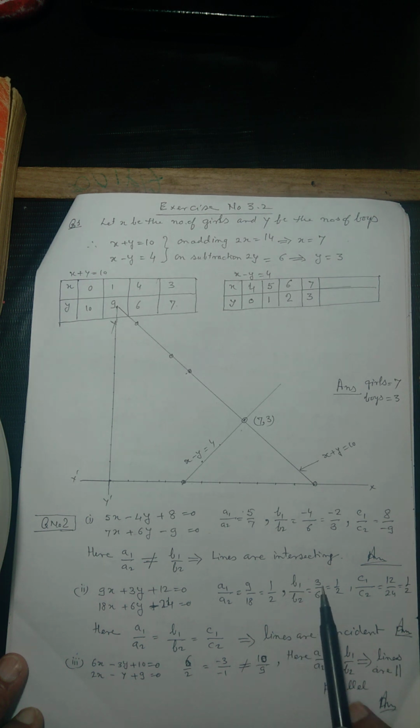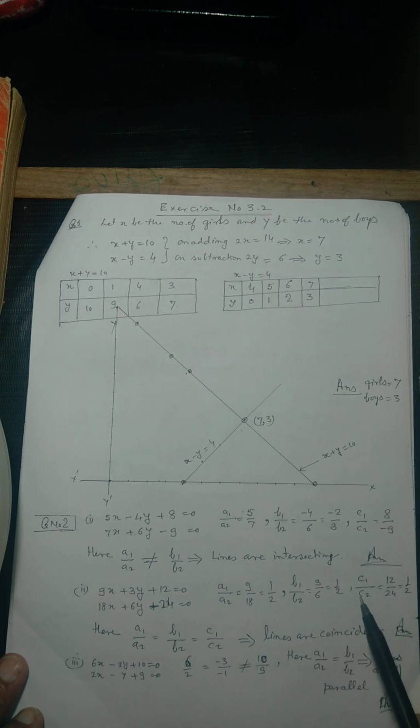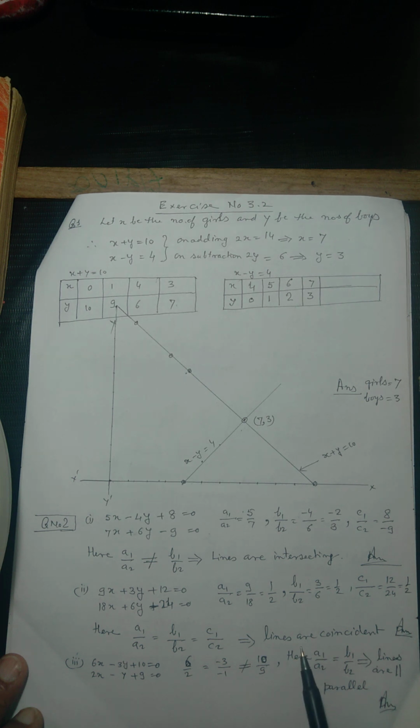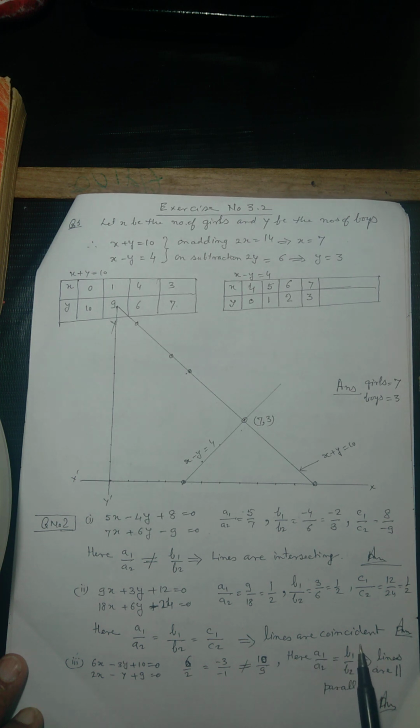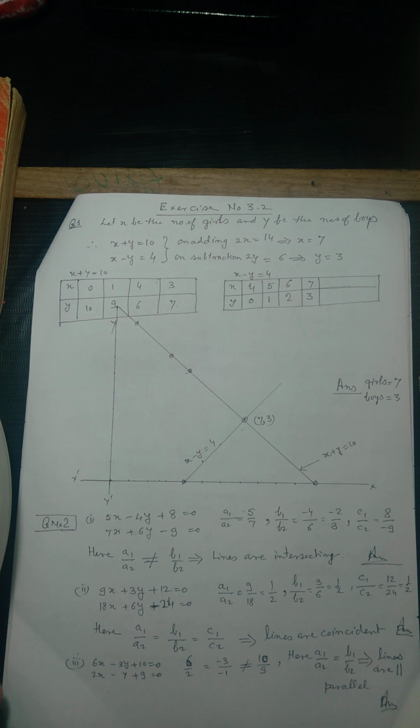B1 by B2 is 3 by 6, that is 1 by 2. C1 by C2 is 12 by 24, that is also 1 by 2. Here A1 by A2 is equal to B1 by B2 and C1 by C2. The lines are coincident. Coincident means that these two lines are overlapping on one another.